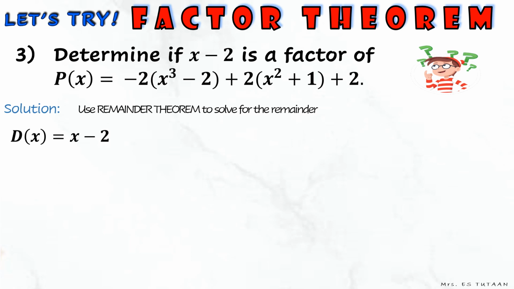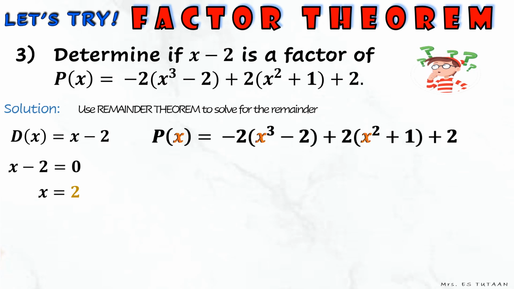So, same as before, we equate our binomial divisor to 0 to solve for the value of x. In this case, the value of x is 2. We will be substituting 2 for all the variables in our p of x.